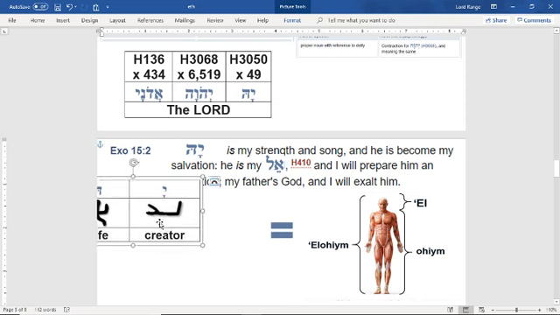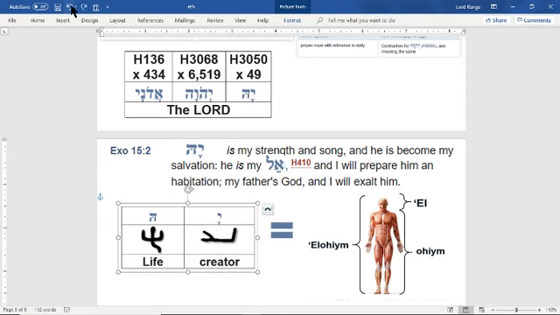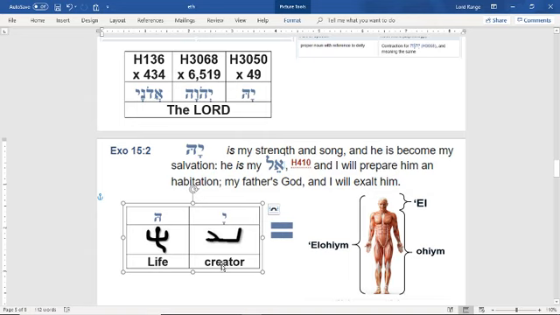So basically what we have here is the meaning of Yah in ancient Hebrew means the creator of life. And of course that makes sense that El is the creator of all life, all living. So basically when we take this word Yah, it is equal to El, who is the head of Elohim.